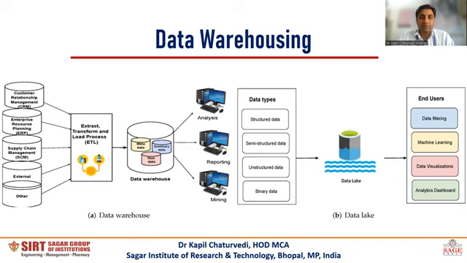So that data will be useful for analysis, reporting, and mining purposes. Basically, we will perform data mining over the data. So here we have different data types like structured data, semi-structured data, unstructured data, or binary data.